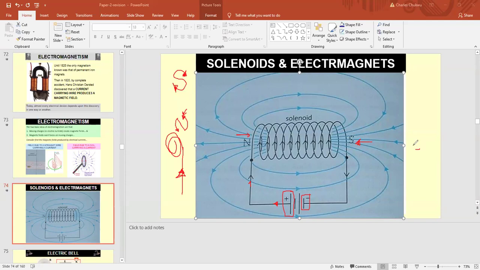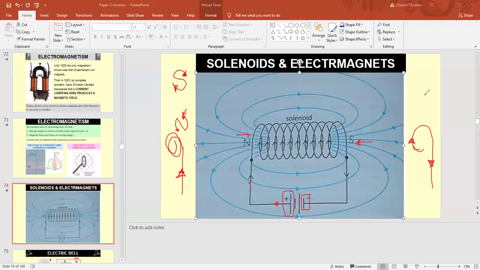We'll see it coming out like this. Do you agree with that? We'll see our current flowing out like this. Yes. Going downwards. Do you agree with that? Yes. Okay.